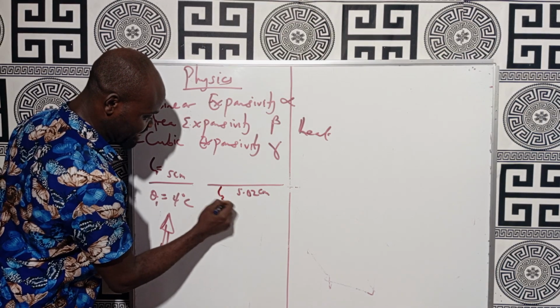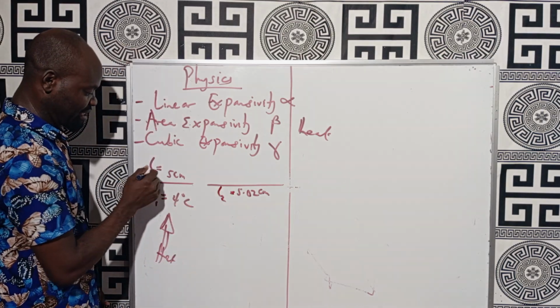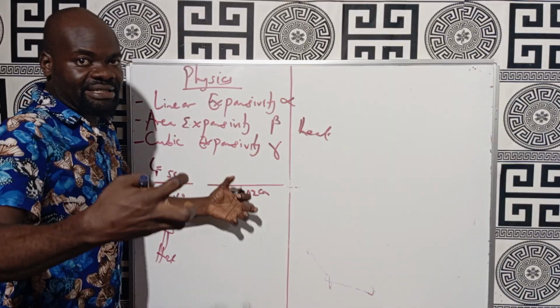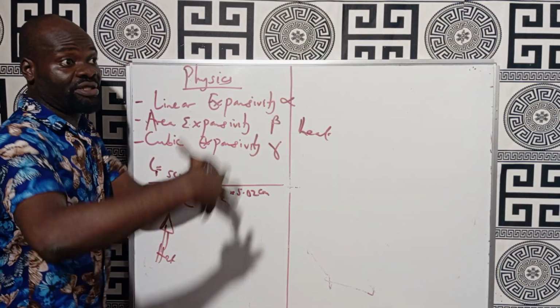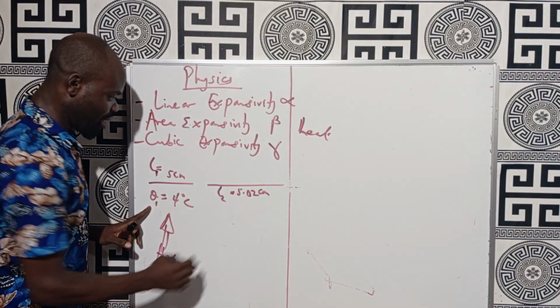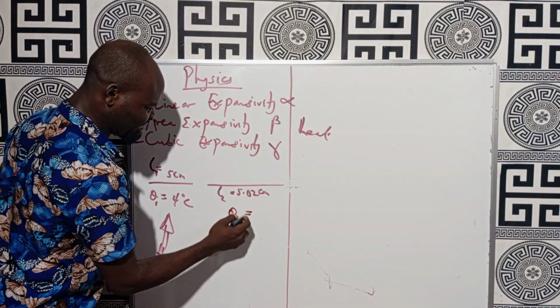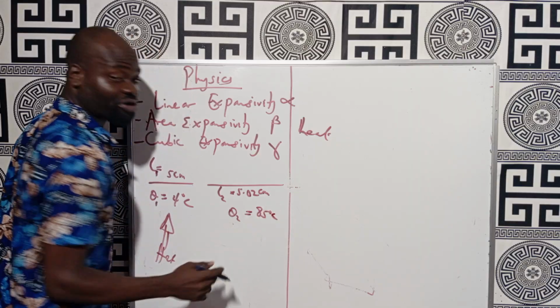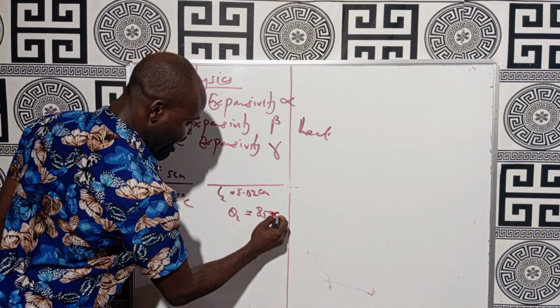That's the second length, L2. This is L1, the first length, and this is L2. It has increased because you have heated it. So the temperature will increase from theta 1 to theta 2. Let's say it increased to 85 degrees Celsius. I'm just citing it as an example.